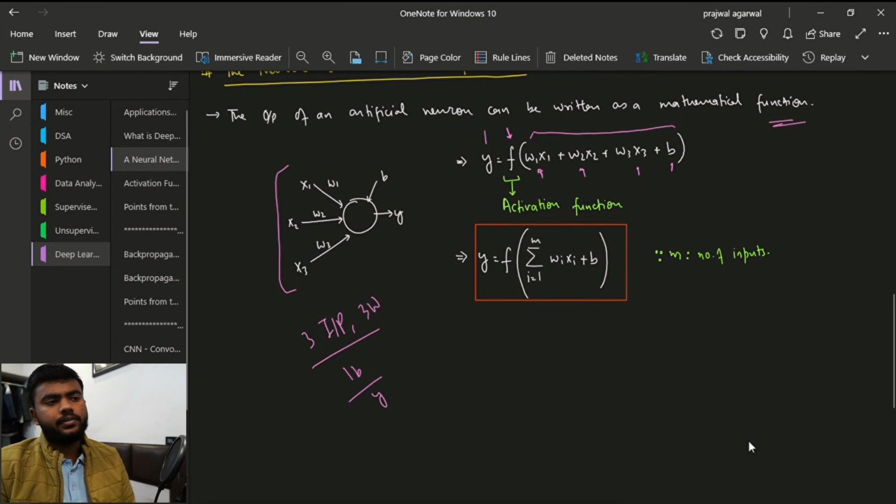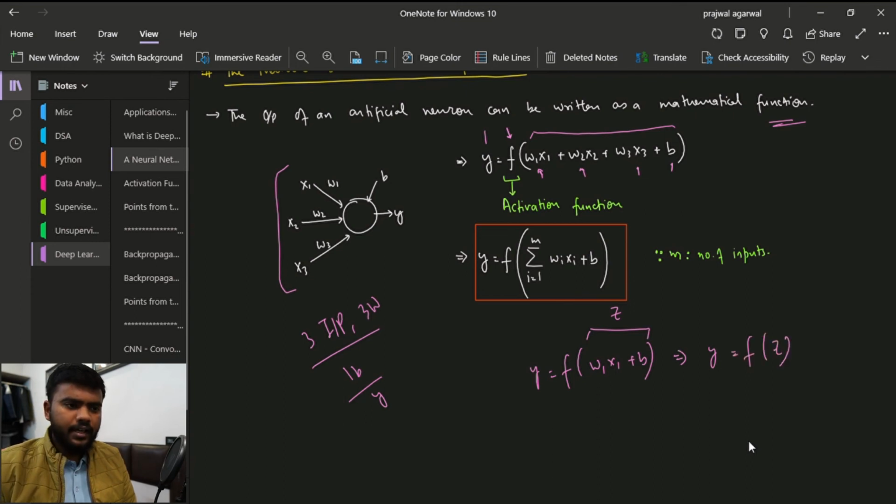Let's see it for example's sake. So for example, I have a neuron with just one input, let's say w1 x1 plus b. For the sake of computation, let's say it is z. So I have y equals f of z, and let's say this f is some activation function.